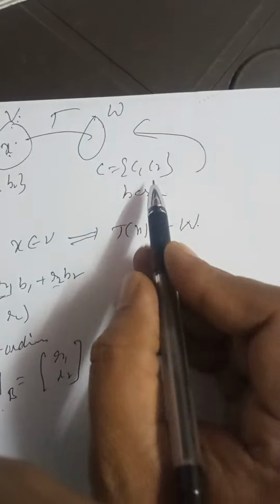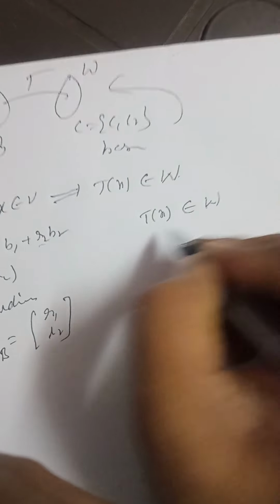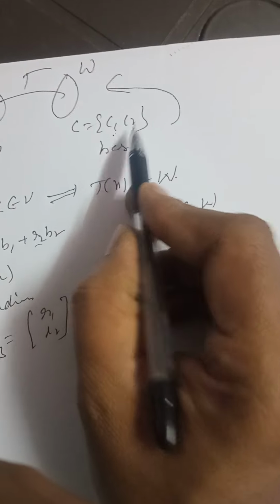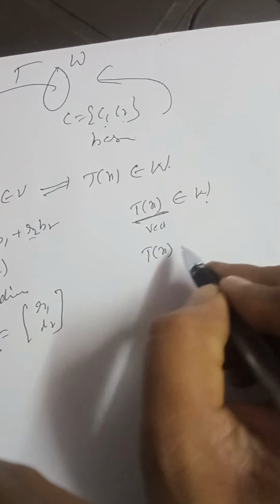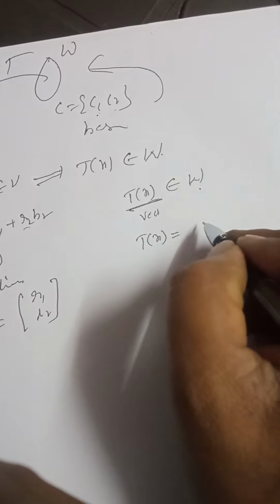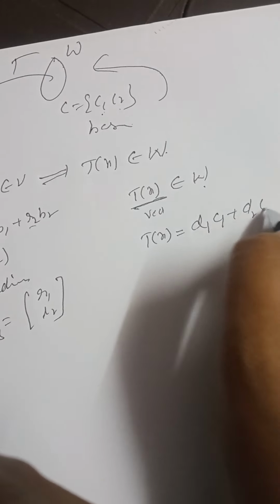Then in this case, what is T of X? T of X is an element, or you can say it's a vector in W. What is the basis here? C is equal to C1, C2. Therefore T of X is equal to some scalars I am using, d1 into C1 plus d2 into C2.